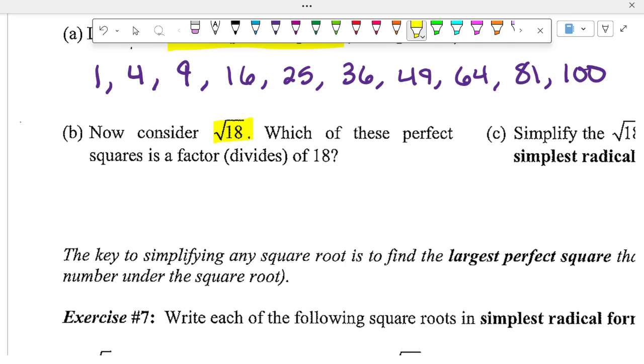Is there a factor of 18 that is a perfect square? Yes. What is it? 9. So 9 is the perfect square in 18. And 9 times what is 18? 9 times 2 is 18. And 9 being the perfect square.